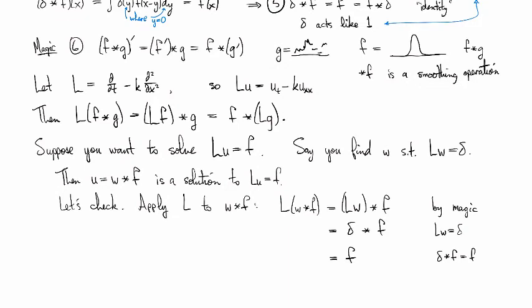Okay, so from left to right, we see that since L of the convolution of W and F is equal to F, if we put U equal to this convolution, it will solve the PDE.